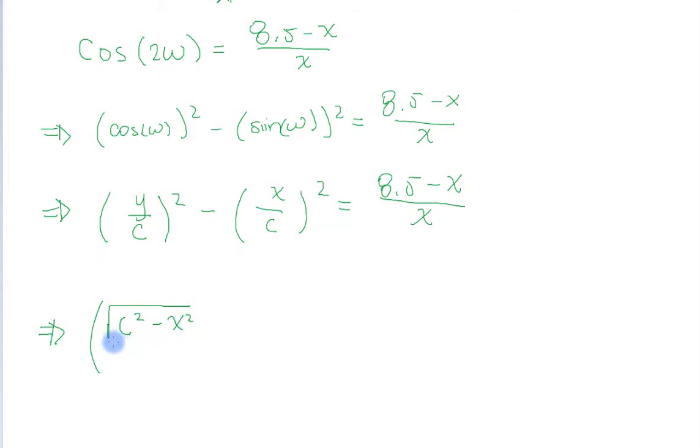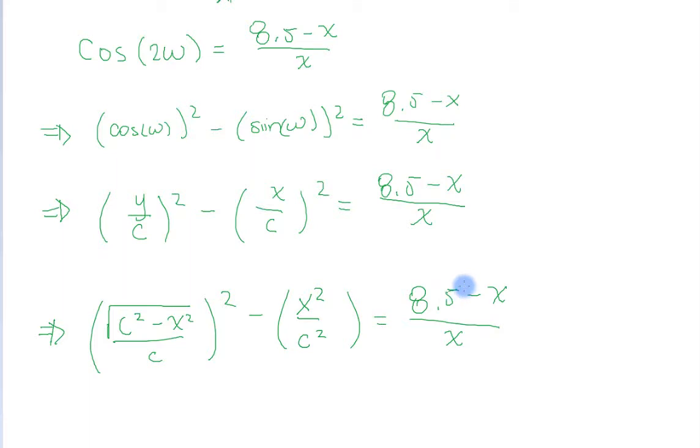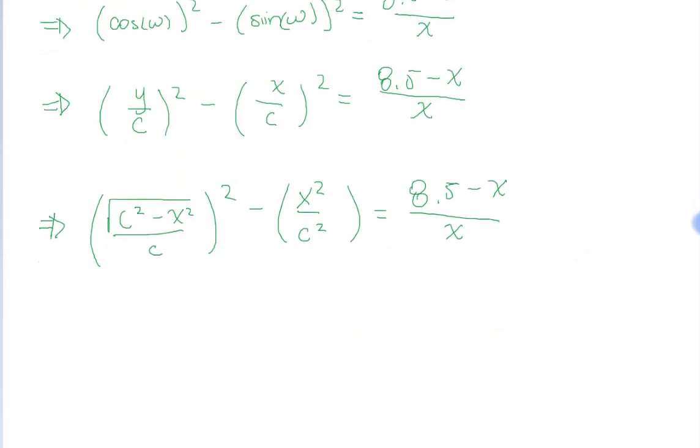So we have c squared minus x squared over c squared, minus x squared over c squared, equals 8.5 minus x over x. Okay, now continue in this fashion.